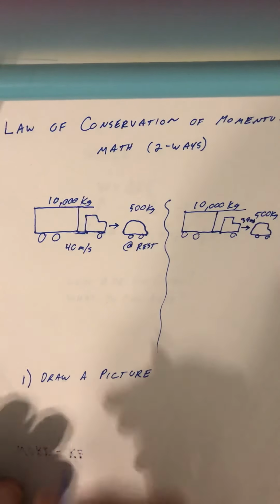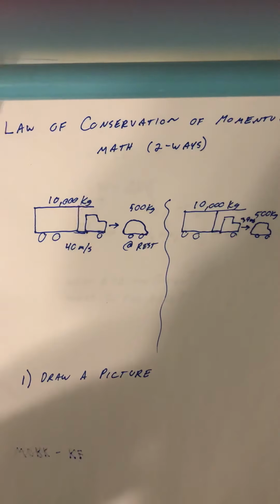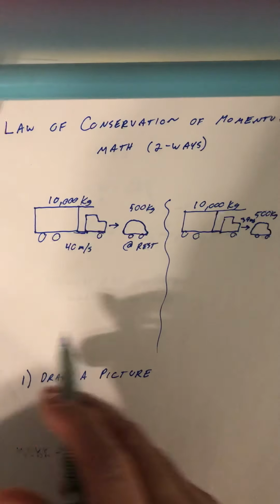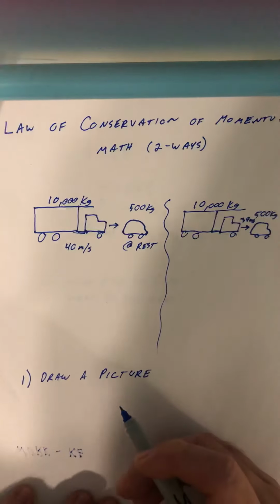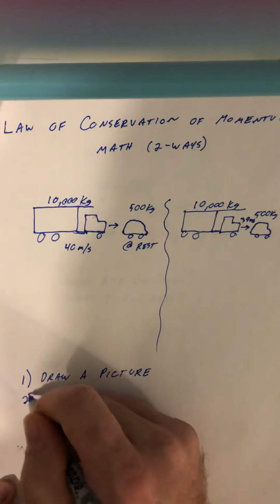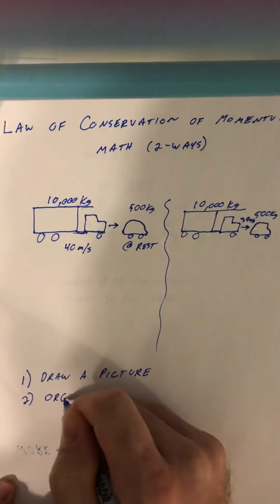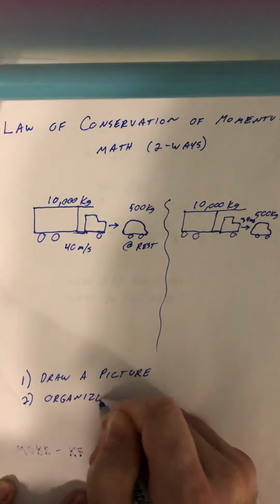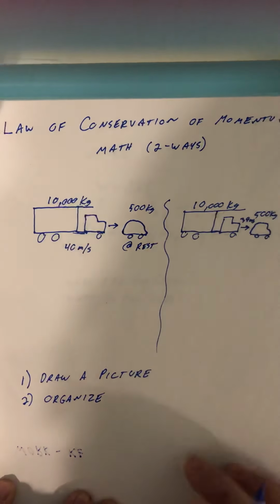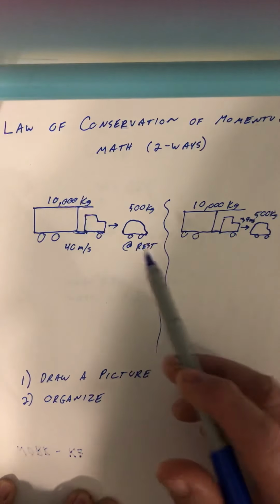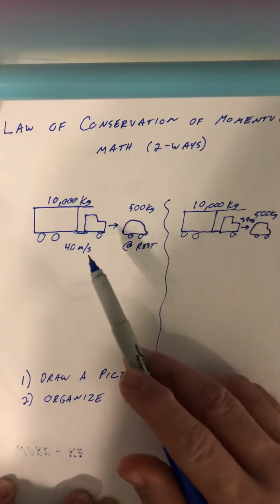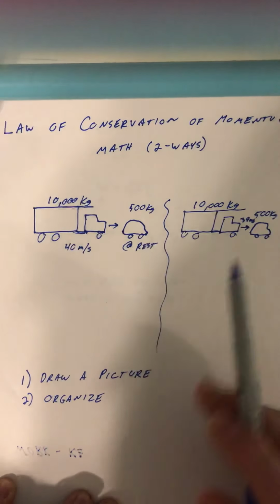Once I've drawn my picture, the next step is to figure out how much momentum each of these has. There are two different methods you can use, and I left enough space up here to do them both right underneath, and hopefully I can show you that they both work the same way. The second thing you need to do is organize. In a lot of textbooks, they will tell you to call this object 1, this object 2, and put some different denotation for before collision versus after collision.